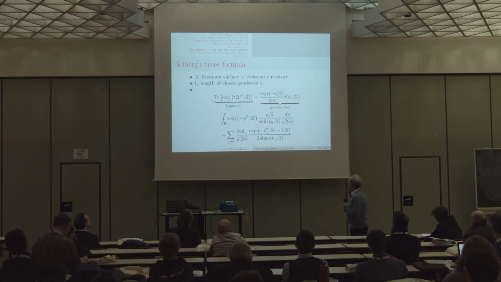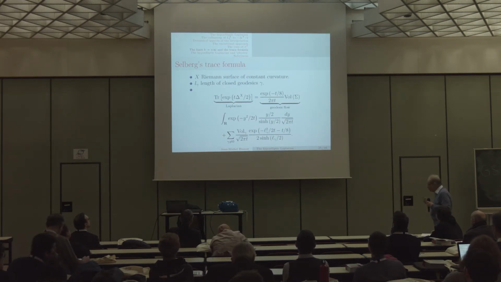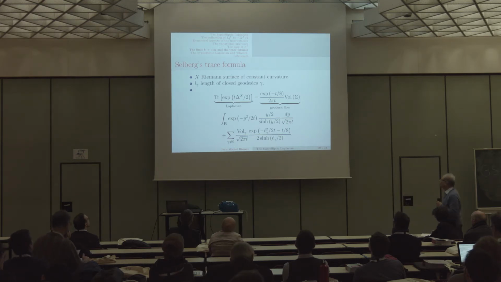I will not just say them in words. There is, first of all, a contribution from the trivial closed geodesics, from the points, that's given here. It's given by a complicated integral over R, and then there is a discrete sum. Now, you see on the left-hand side, you have the heat kernel on the manifold, and on the right-hand side, you have something concerned with geodesics.